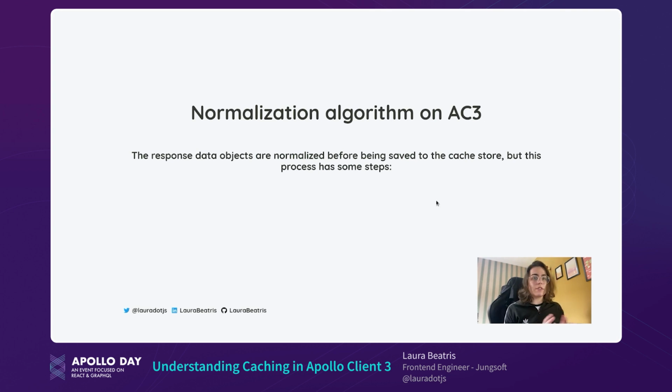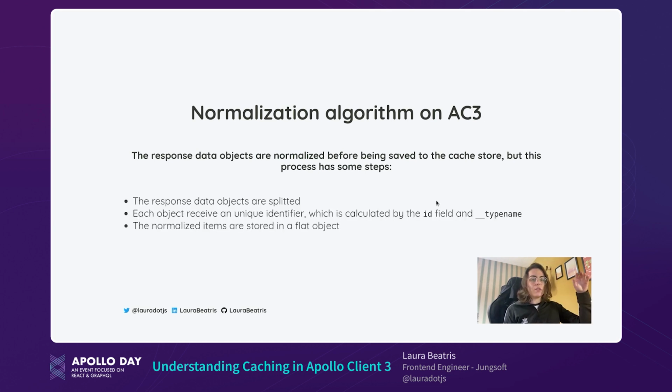There are some steps. The response data is split into different objects, and each object receives a unique identifier, which is calculated from the ID field and the typename field.